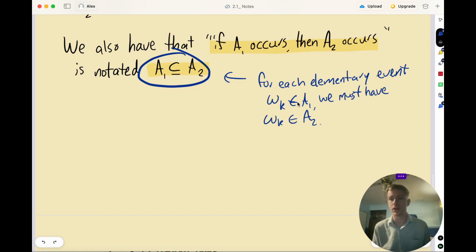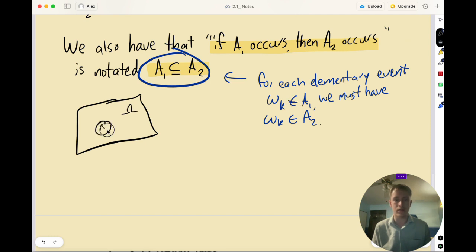Okay, so the picture for this, if you can visualize it, is really that you do have a sample space, but everything in A1 is also in A2. Okay, so maybe A2 looks a little funky, but A1 is basically fully contained in A2.